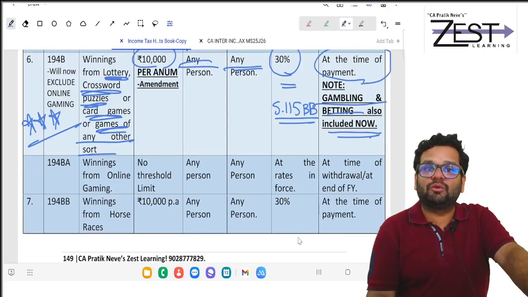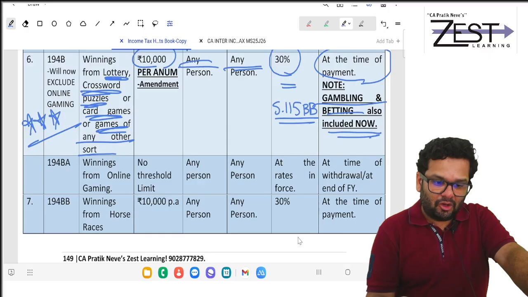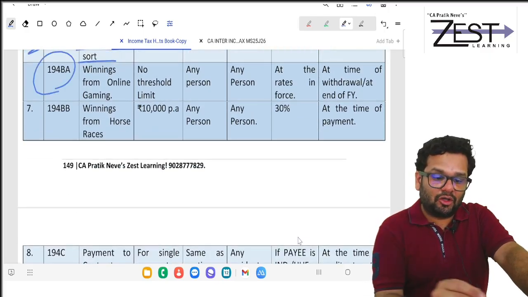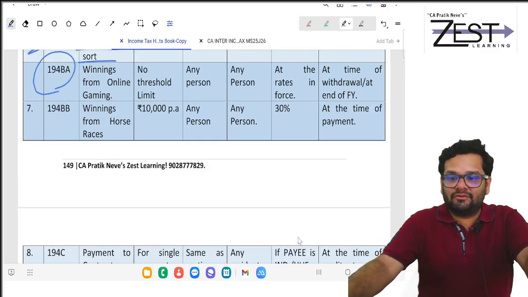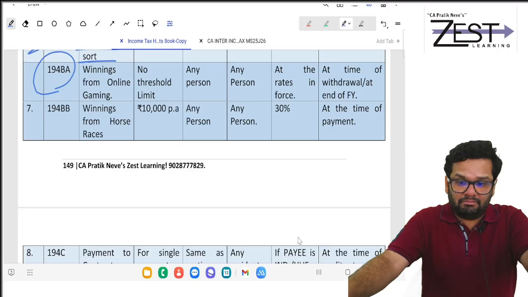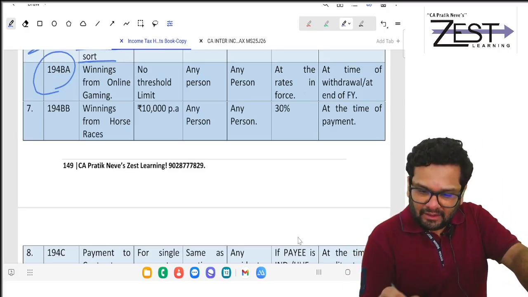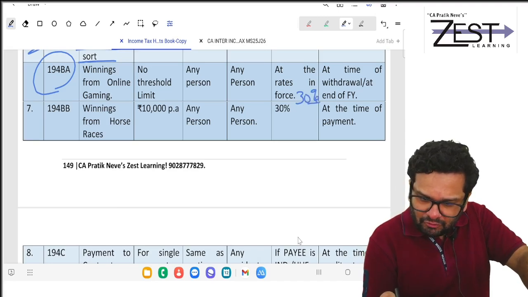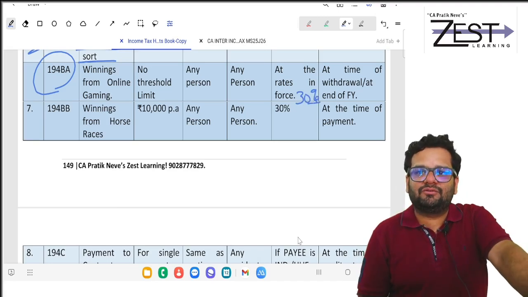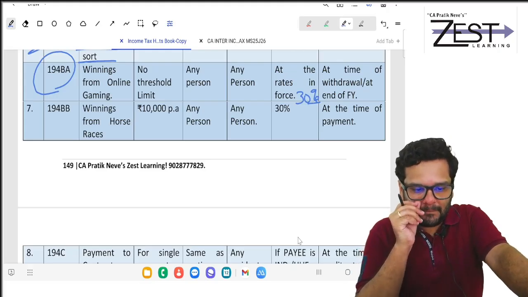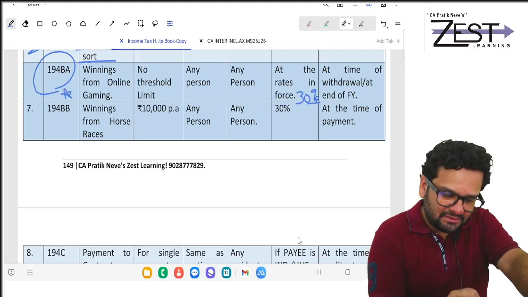But what will not be included? Online gaming, because 194BA is for online gaming. And again it will be 30% only, at the rates in force, which is 30% only for online gaming. You can give 1 star.